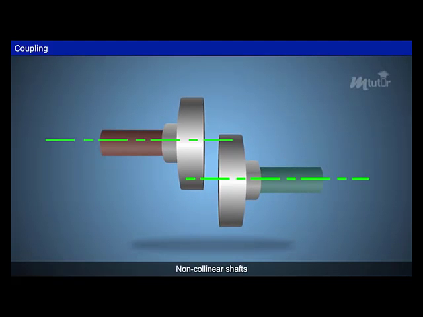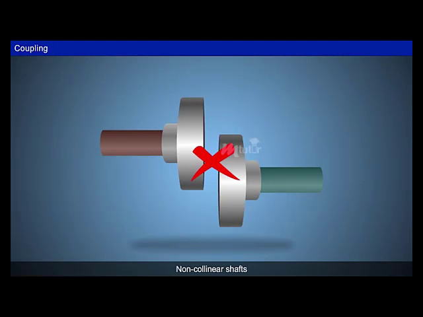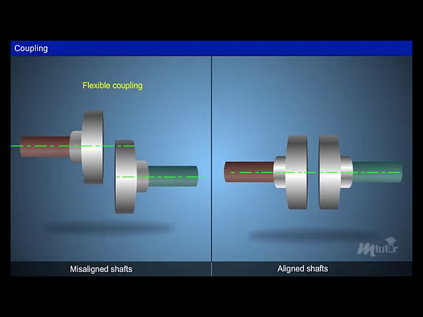But in non-collinear shafts, the axes of both shafts do not meet at the same line. In such cases, rigid couplings are not suited. In order to allow this misalignment, flexible couplings are used. Accordingly, flexible couplings are used for misaligned shafts, whereas rigid couplings are used for perfectly aligned shafts.